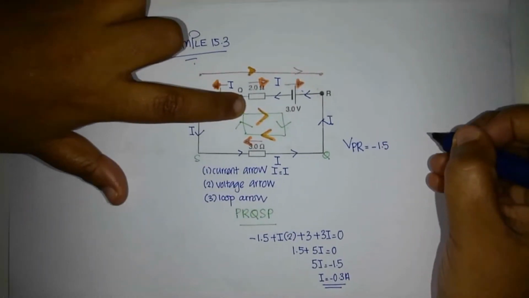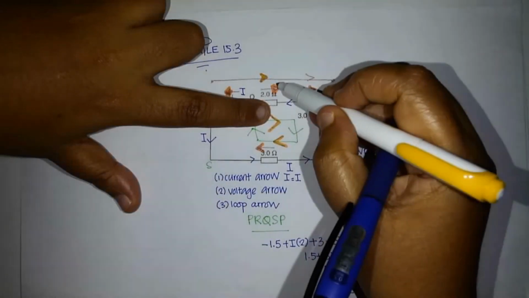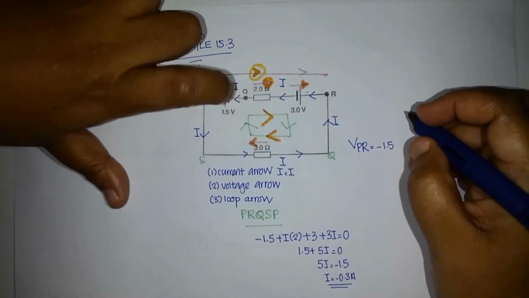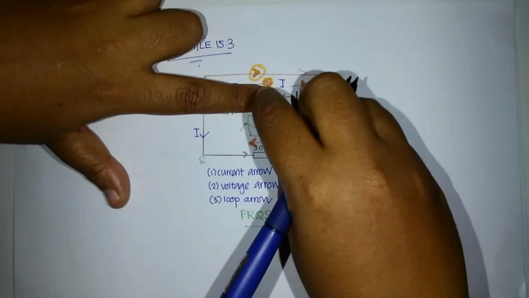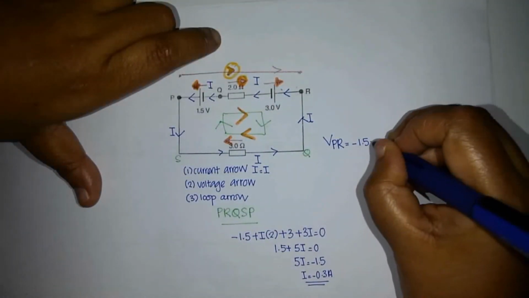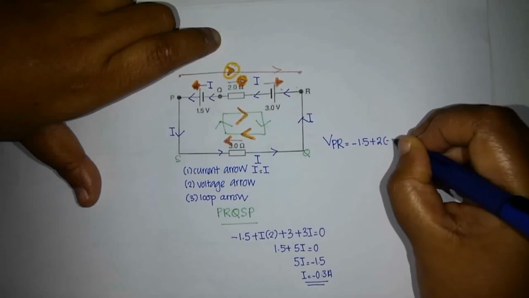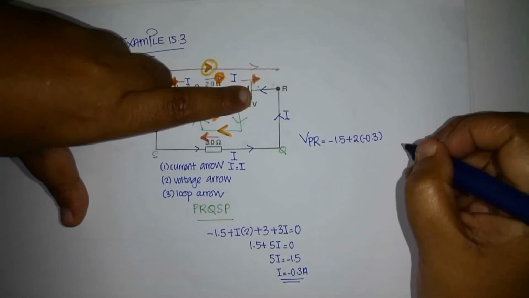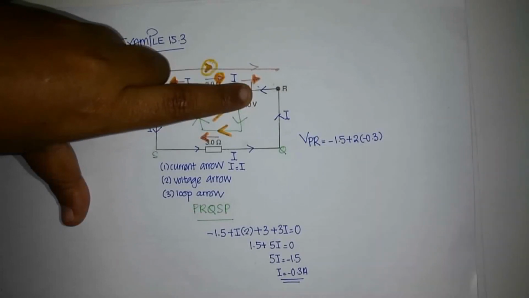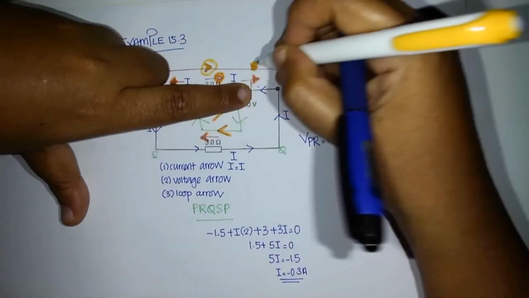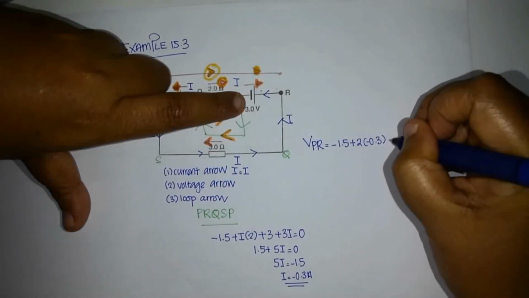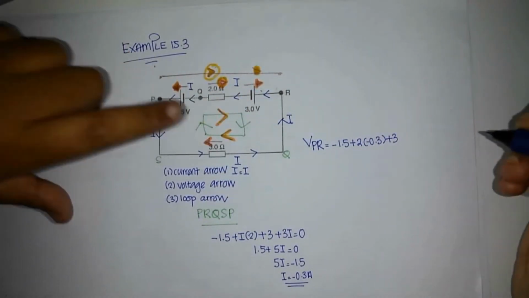Then I flow, and I notice this direction follows the direction I flow, the same direction, so it's plus 2I, and I is negative 0.3. I'm following, and I notice the direction of following, which I've drawn in this pink pen here, and the voltage arrow is the same, so plus 3.